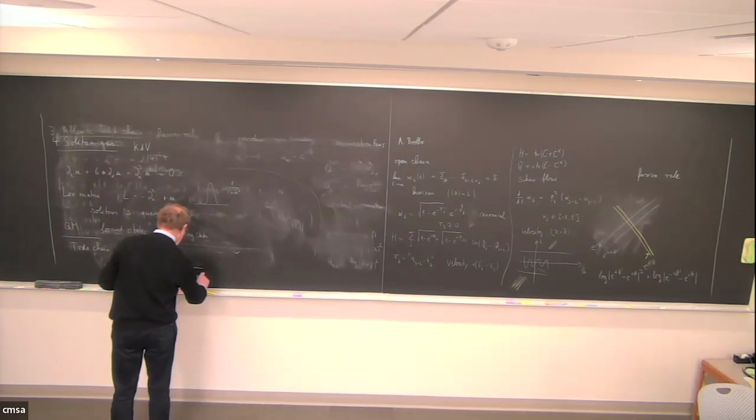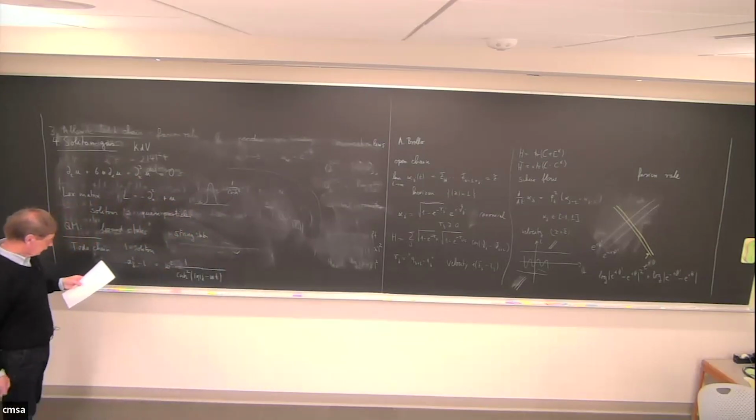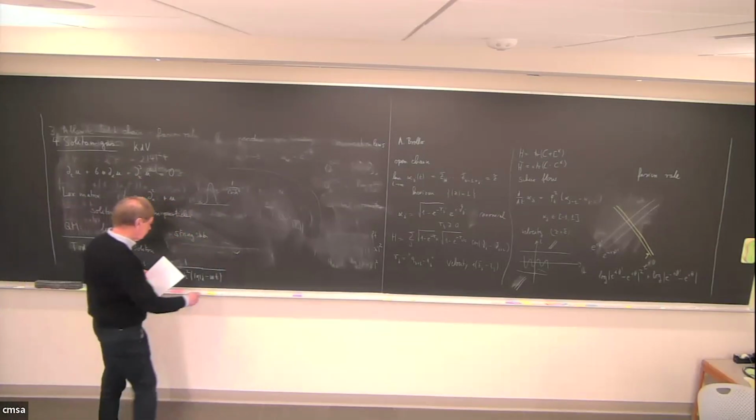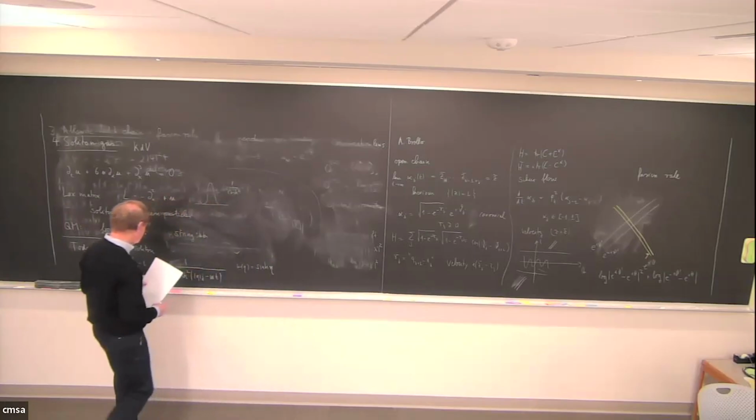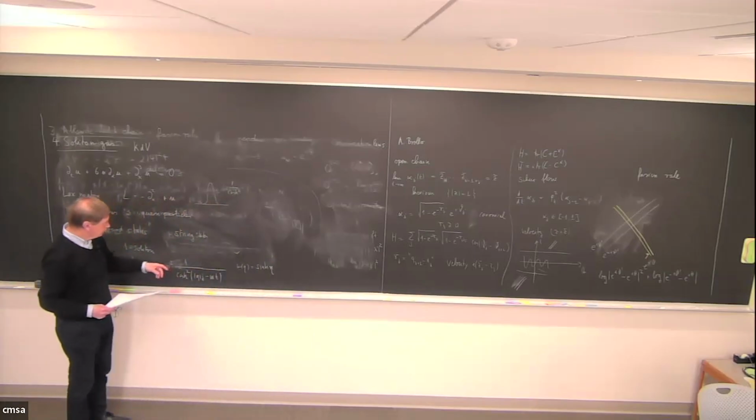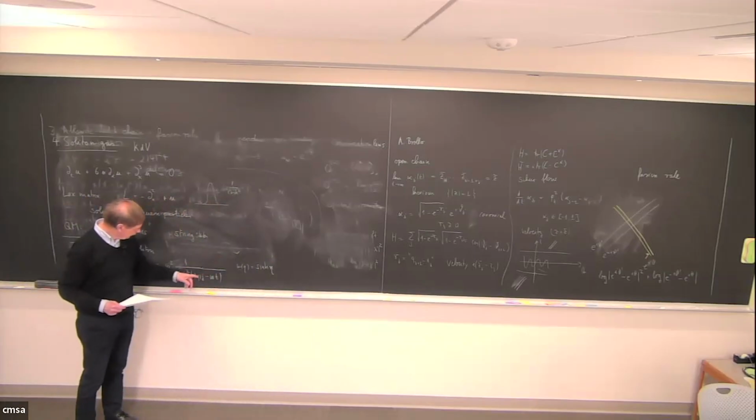So here's eta j minus omega t, and maybe some extra shift, which is irrelevant here for my purposes. Okay, and the omega of eta is in this case sinh of eta. So you see the velocity, you know, I have to break it out.